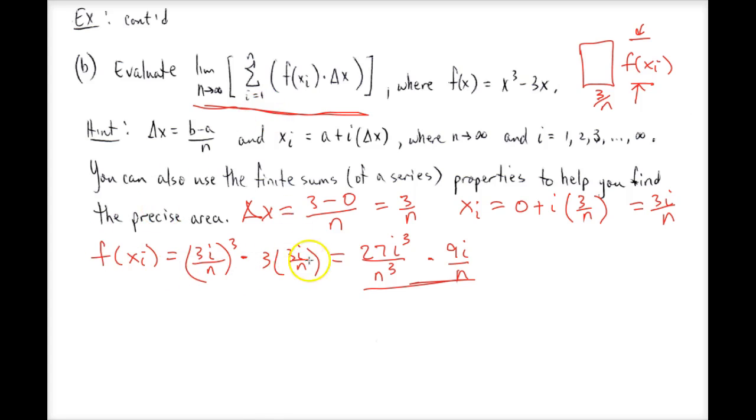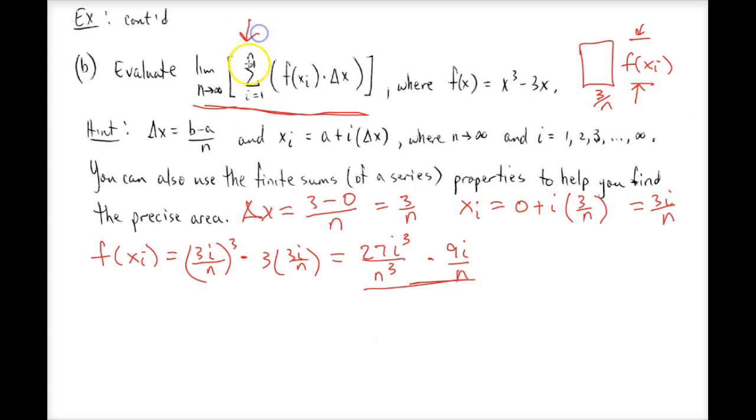And if you notice, everything here for x, f of x sub i, and x sub i as well, is written in terms of i, but the delta x here is a constant, and all that's written in terms of n. The point I'm trying to make is this.